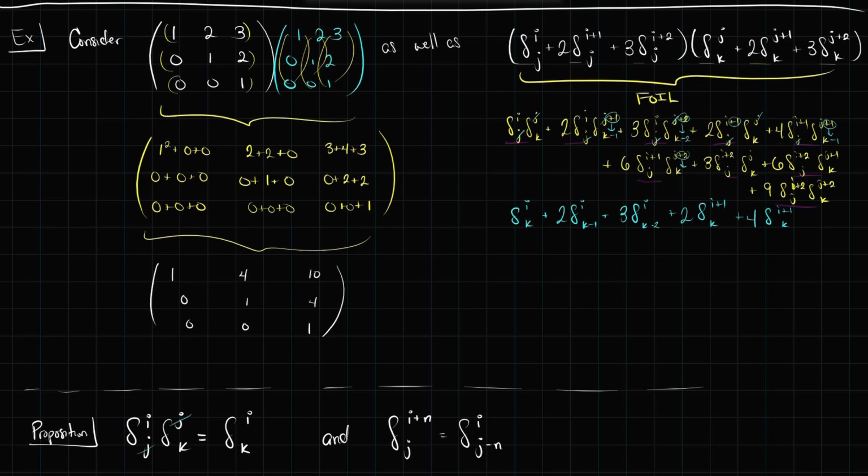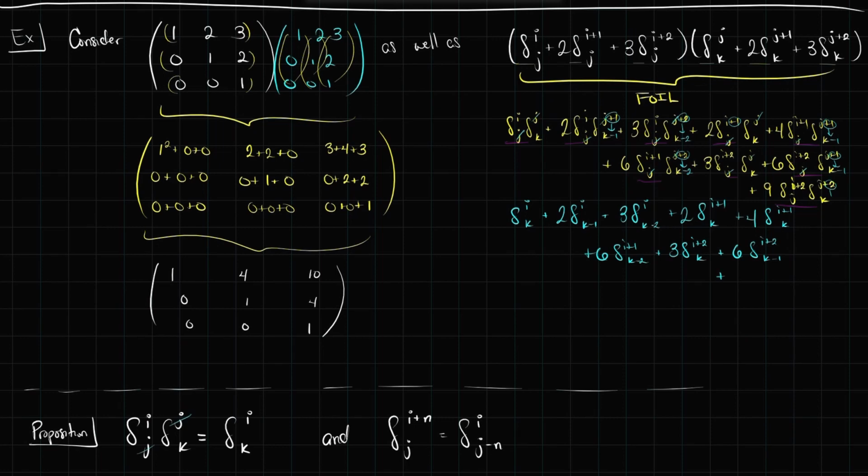Then here I need to shift that down to a minus 2, and then cancel to get 6 delta i plus 1 k minus 2. Here I can just cancel to get 3 delta i plus 2 k. I can shift down and cancel to get 6 delta i plus 2 k minus 1.